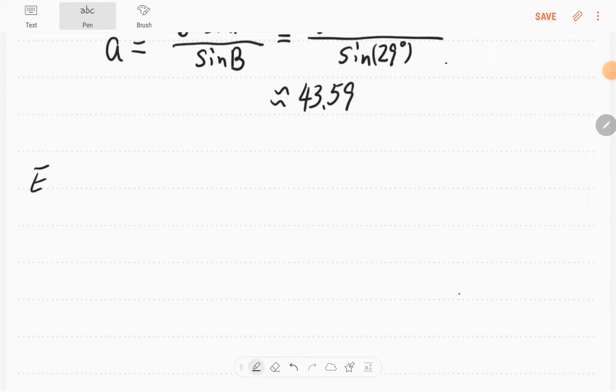Another example, which is ASA. We know two angles and the side between these two angles.